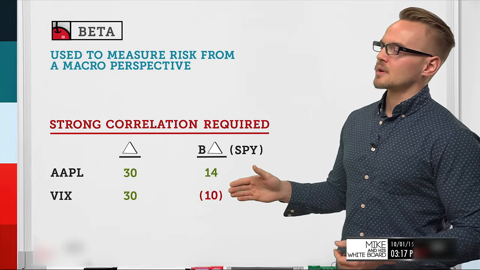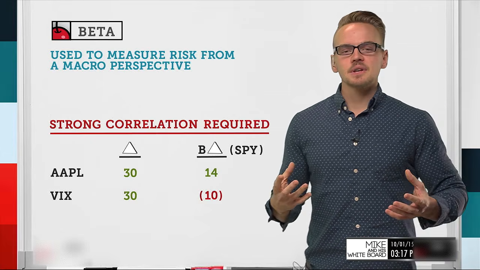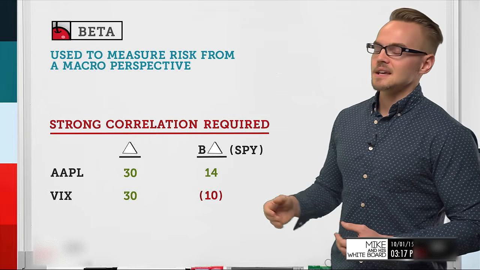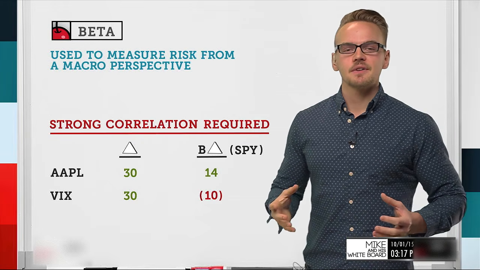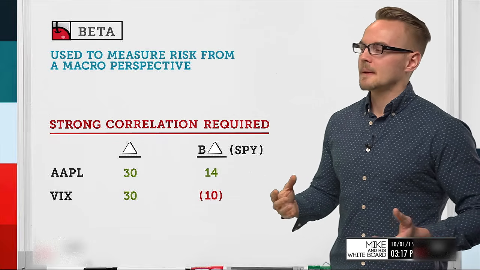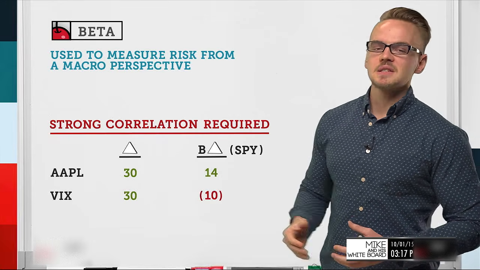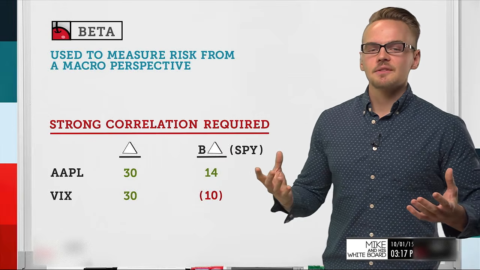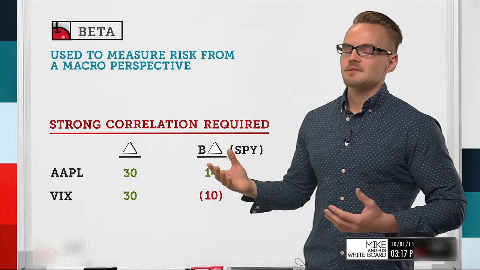What's really important is that beta also gives us an understanding of what we're actually trading. VIX is a volatility index that measures the volatility of the S&P 500. If I've got a long VIX position and I don't understand what the VIX is, I might just say, hey, I think VIX is low and it's going to rise.